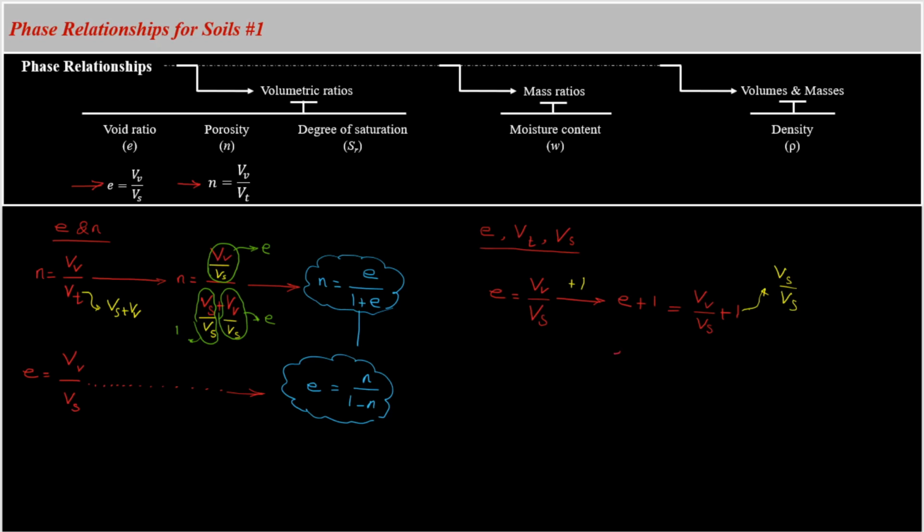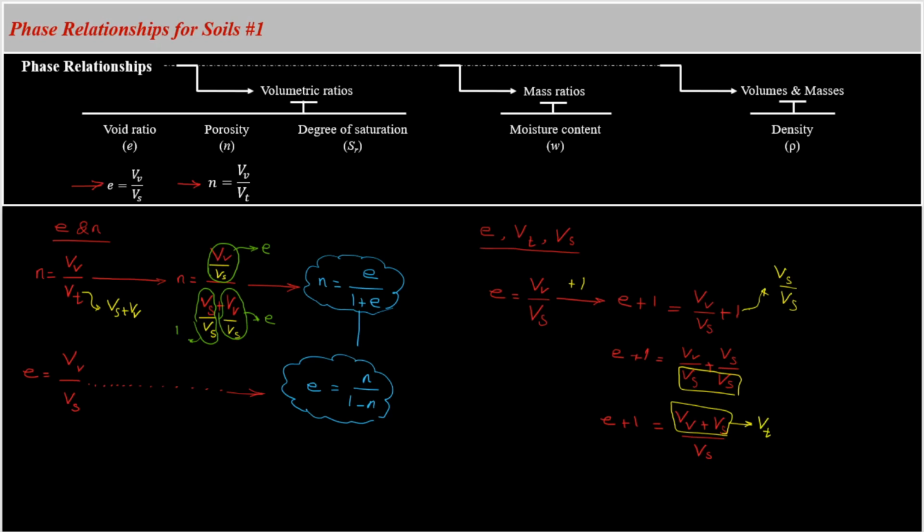So we can rewrite this equation as e plus 1 is equal to V sub V divided by V sub S plus V sub S divided by V sub S. So we can get a common denominator between these two fractions and write e plus 1 is equal to V sub S plus V sub V, or V sub V plus V sub S, divided by V sub S. So we can see that in the numerator we have the total volume.